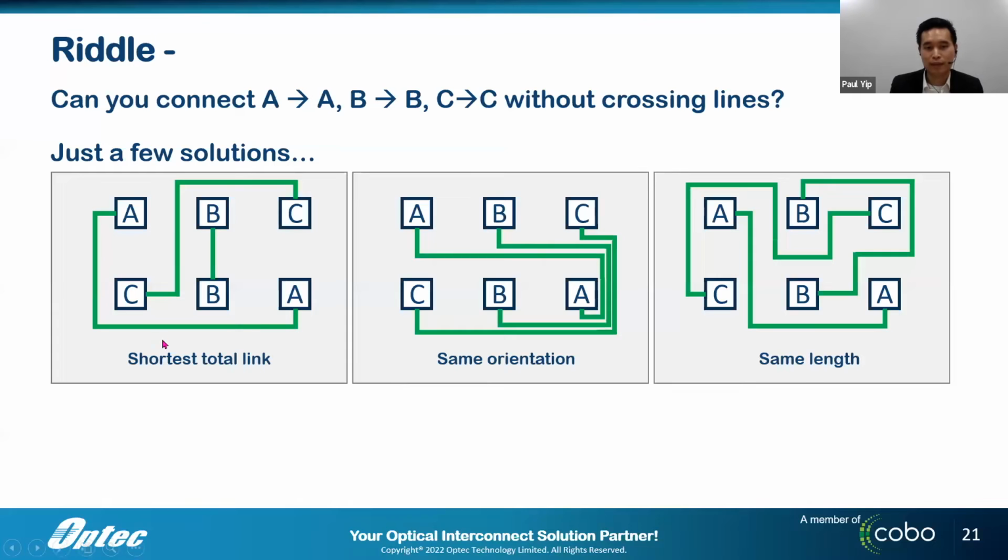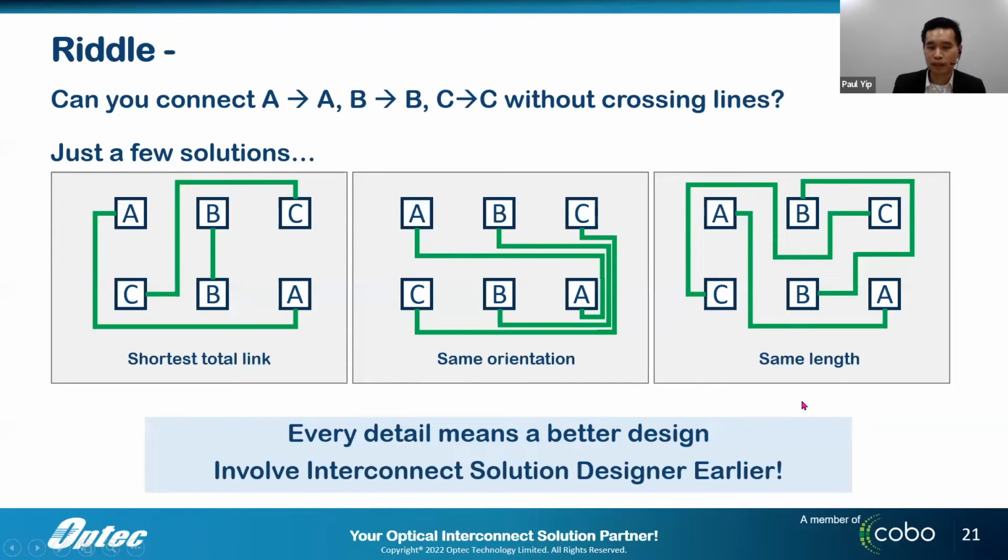Like if we give a shortest link, or we can use the same orientation for the connectors here, or if we would like to have the same length, we can also plan these ahead. So work with your designers or the module or flexi circuit suppliers at an earlier stage of the development so that we can make this all happen.